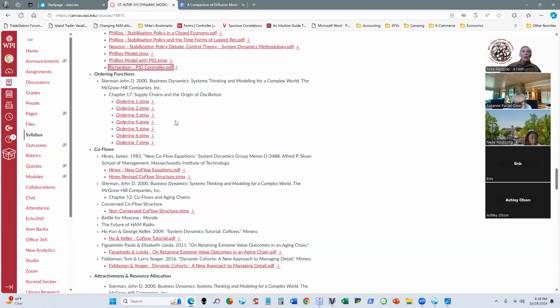Then we talked about ordering functions. And actually, these are not part of chapter 17, so I think I have to shift this over. That was my bad. But these are just a progression of ordering functions that I put together for you all. And you should be noting that these things have material delays in them, they have expectations formation in them, they have first order control in them.